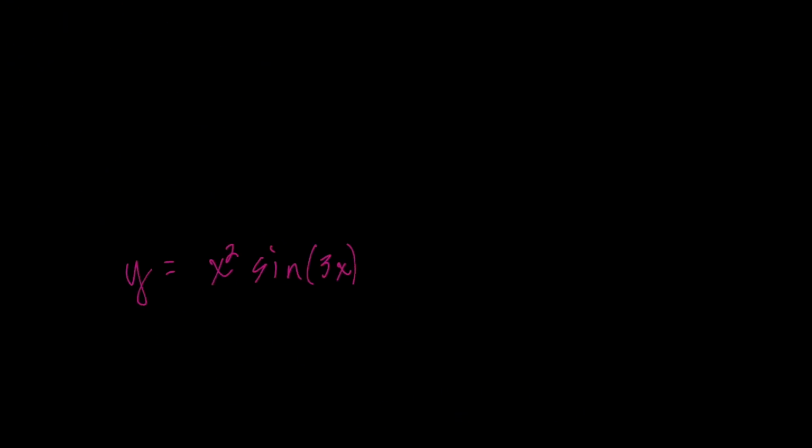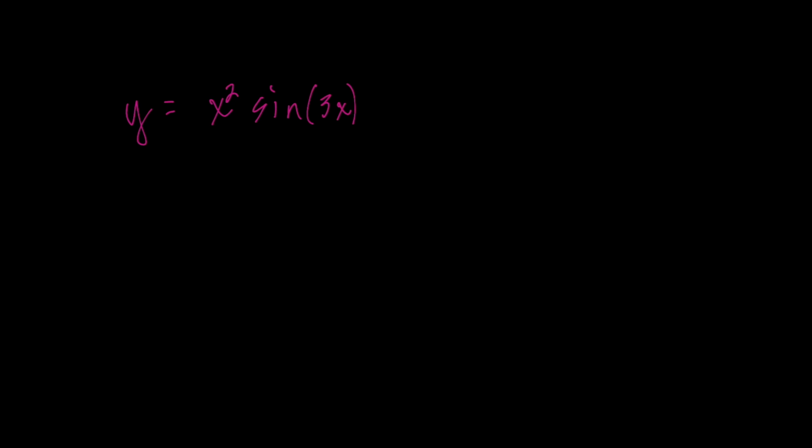Let's look at one more, a little bit trickier. Sometimes you will need to use the multiplication rule. So if I wanted to figure out the derivative of this creature, I'm going to say that dy dx is equal to the derivative of the first, which is x squared, 2x, times the second.